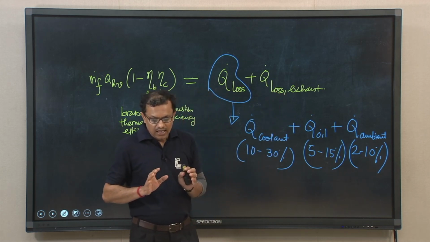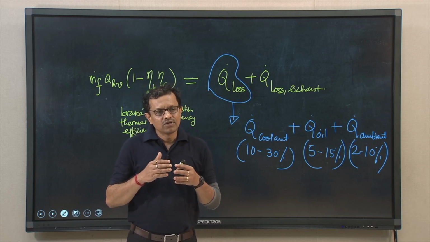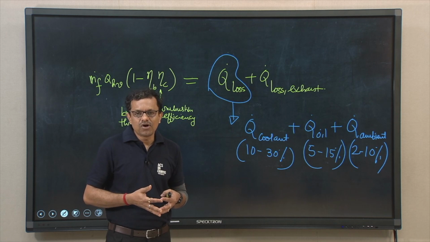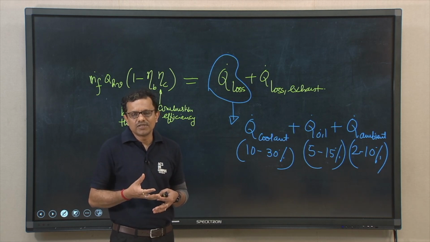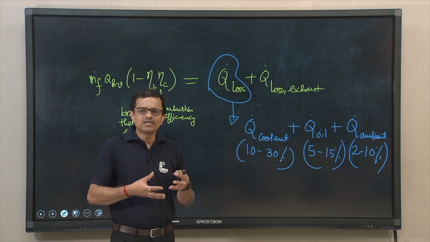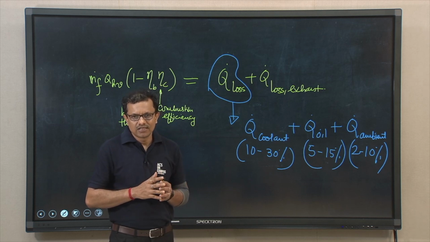Also, the intake manifold is integrated to the engine block, and the rise in temperature because of the combustion is also getting transferred through the intake manifold; that part we did not discuss today.